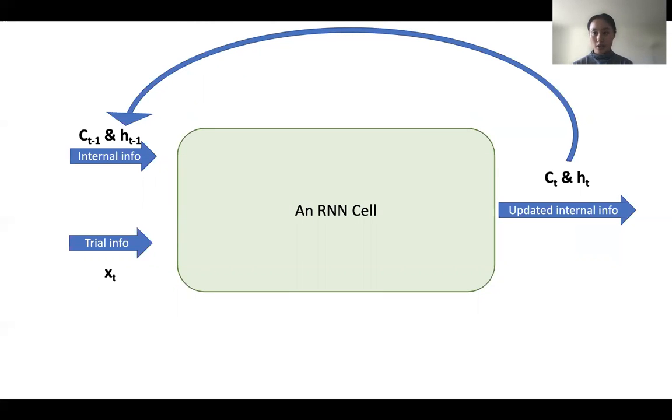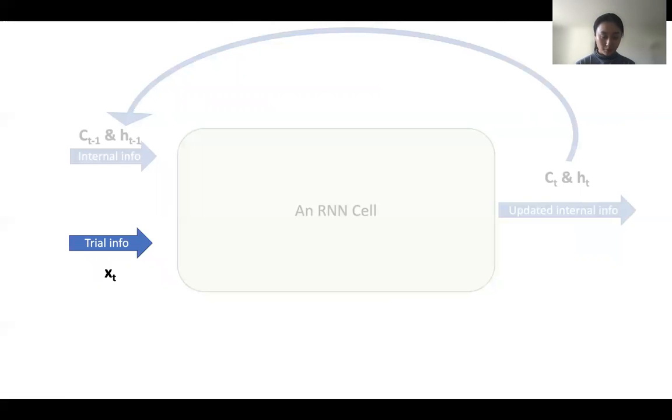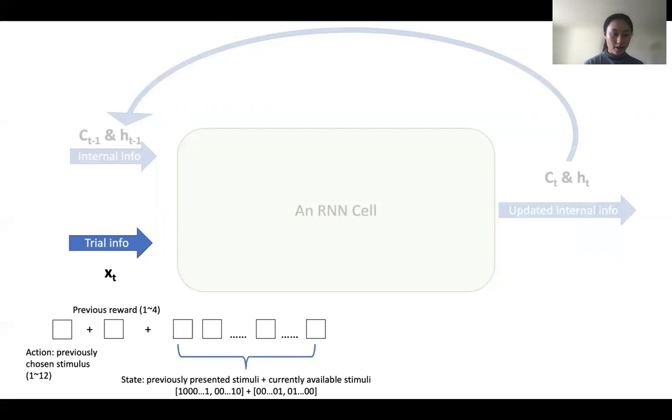So the architecture of the RNN that we used in the current project is shown here. Here we have the same good old RNN cell. What's different is the input, so we had to decide what input we want the RNN to learn. Eventually we decided that the RNN first needs to learn what the action was in the last trial.